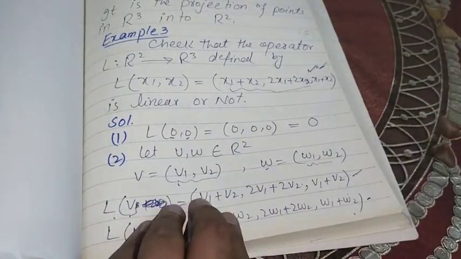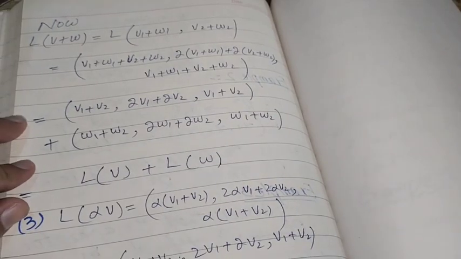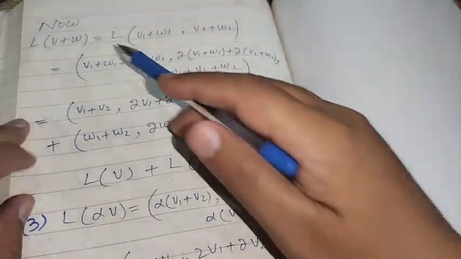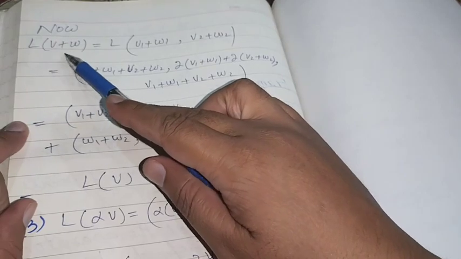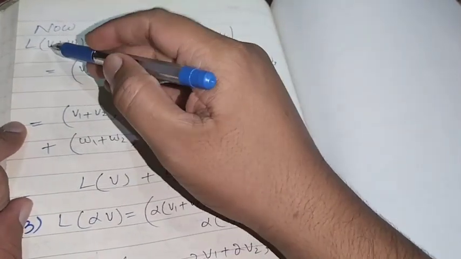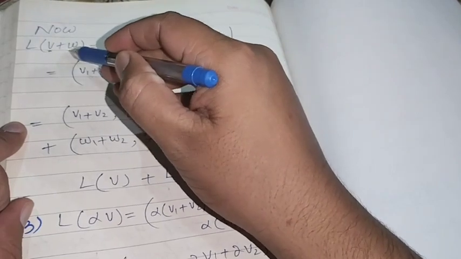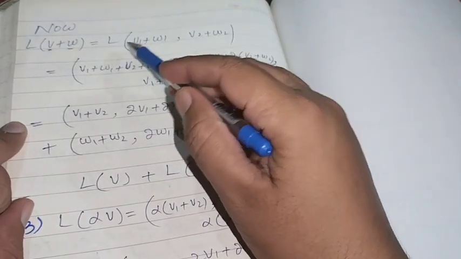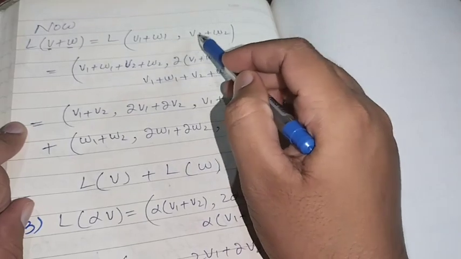So we move toward the second condition, which is L of v plus w. When we add the corresponding vectors of these two points, we obtain v1 plus w1 and v2 plus w2.